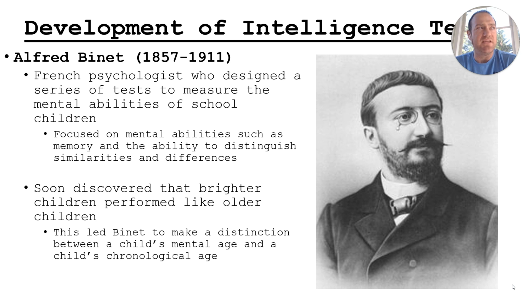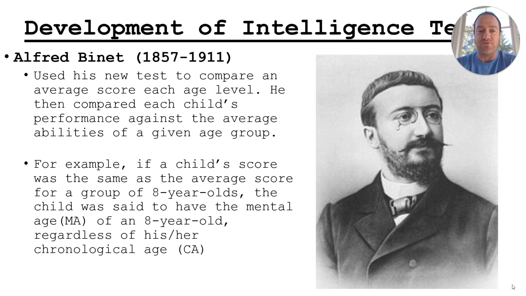A child could have a higher mental age than their biological age if they were showing skills that were advanced for that age range. He was the first to really distinguish between the two. So he started to assign a mental age to the child and then compare it to their biological or chronological age.